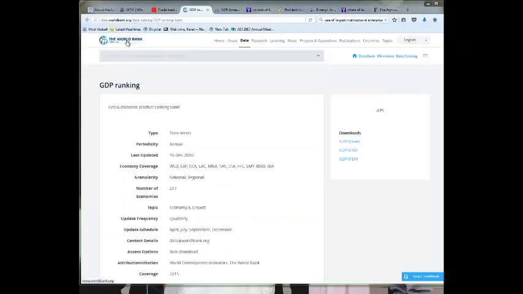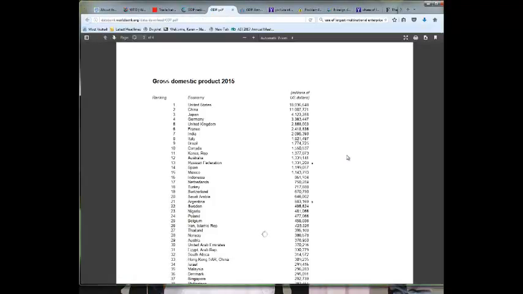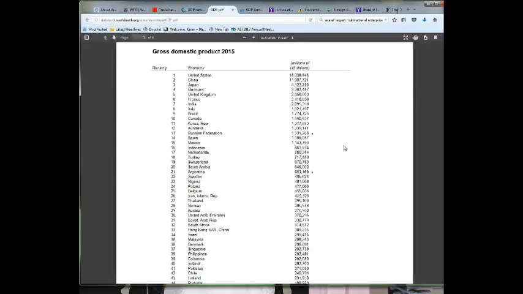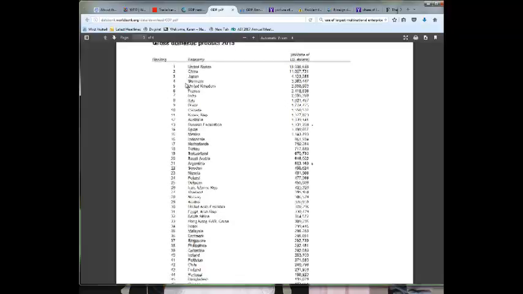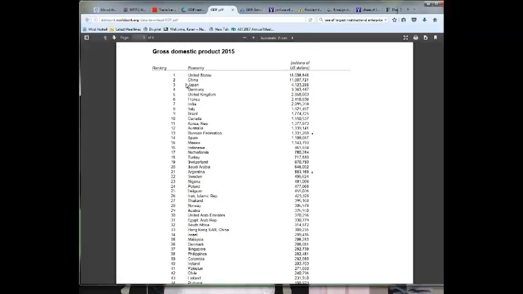So the first thing I'm going to take you to is a World Bank GDP ranking table, and I'm going to go here and open the PDF format of that. And this looks at the gross domestic product in 2015 and ranks various countries in the world.